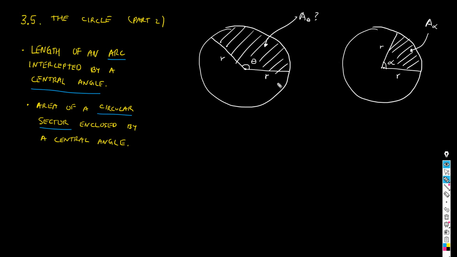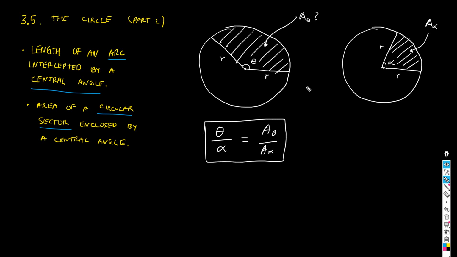You see how it works? In other words, theta over alpha, the ratio of the angles, is going to be the same as the ratio of the areas. It's pretty much the same as the theorem before, but now with areas of sectors.